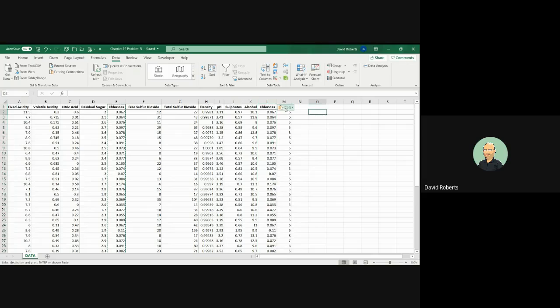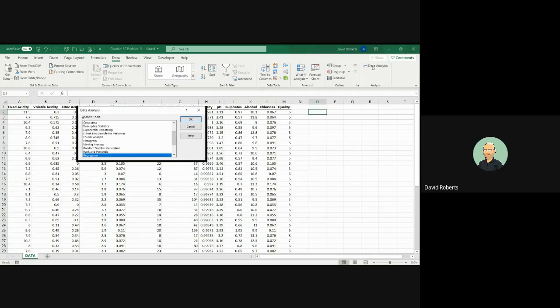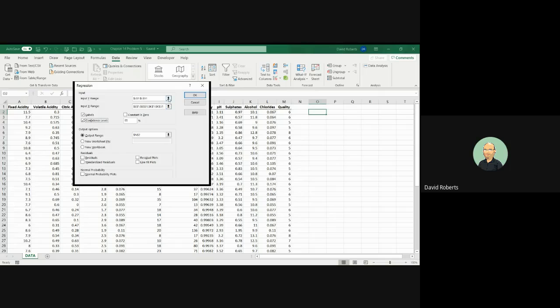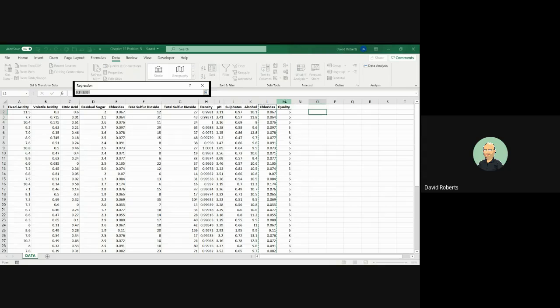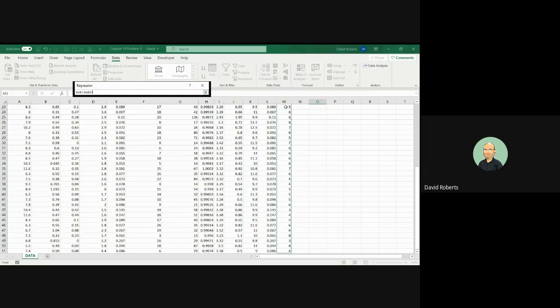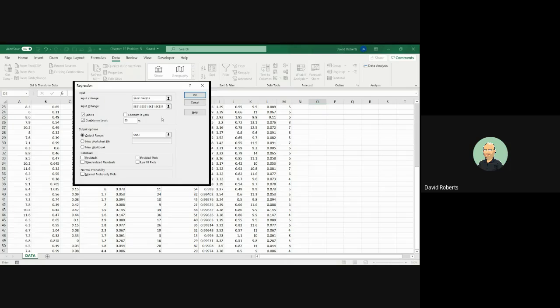So in this case, we're going to go to data analysis, regression, just like we did before. We're going to click on this column. That's our output, our Y output, I should say, or the Y range.